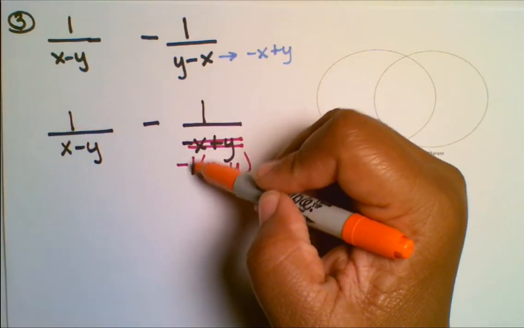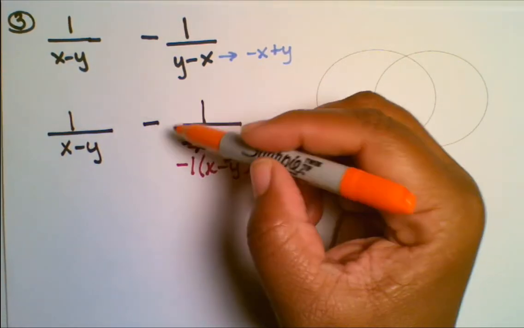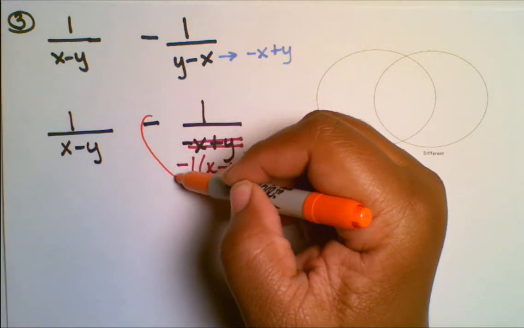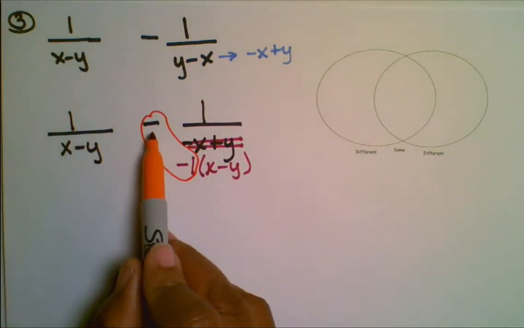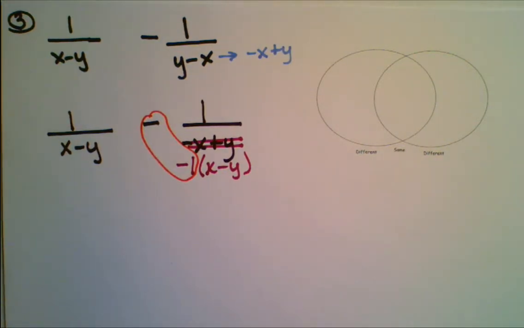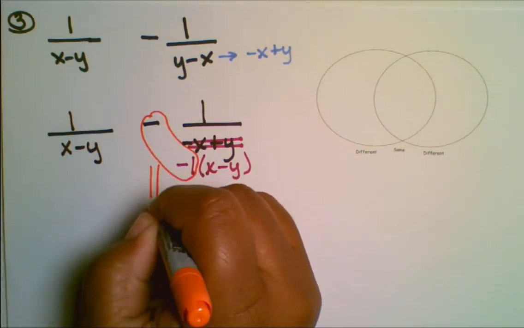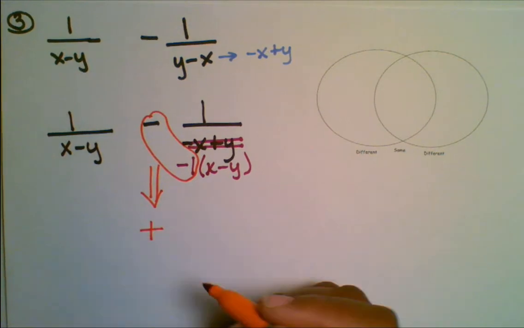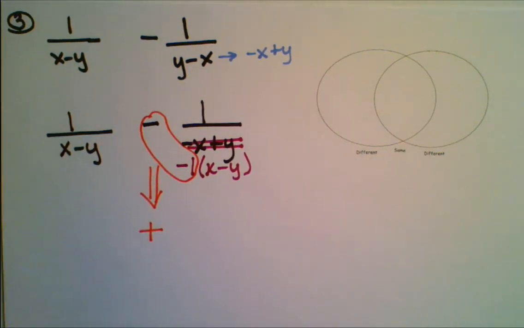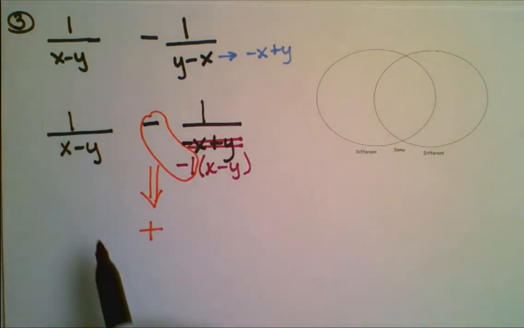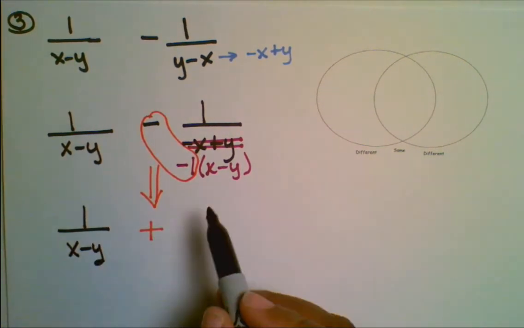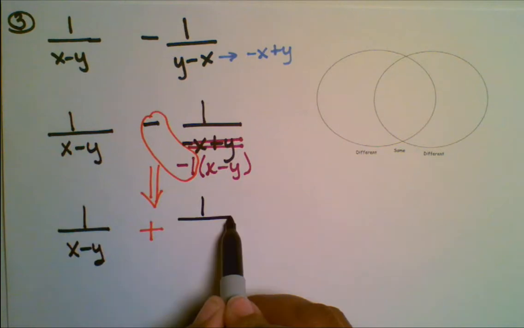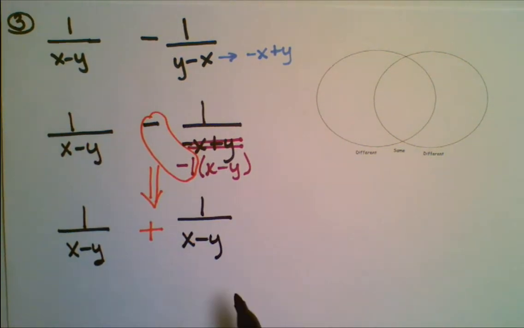It can be in the denominator, the numerator, beside it. Well, what we're going to do is take this negative 1 and multiply it to the minus sign that's already there. So then that is going to give us a plus sign. So now we have 1 over x minus y plus 1 over x minus y.